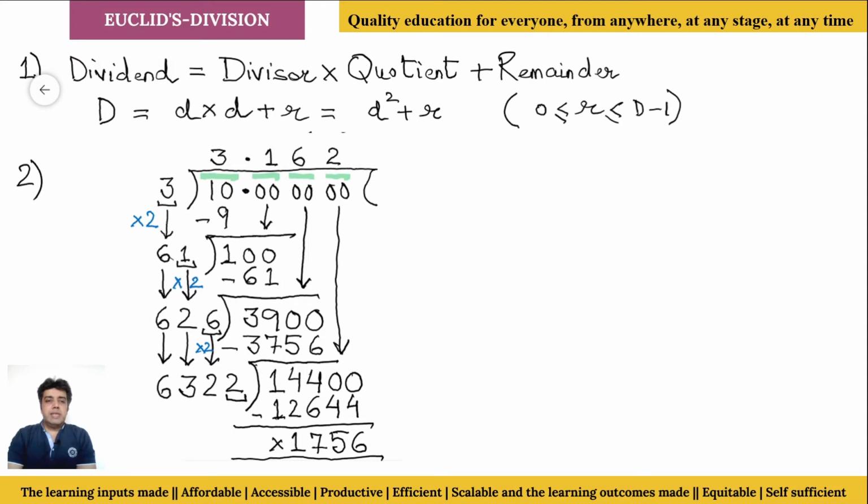So 61 multiplied by 1 will give me 61, which gives me a second interim remainder of 39. Now the second pair of zeros has to be brought down, and I need to see the units digit of the second divisor, 61, which is 1.